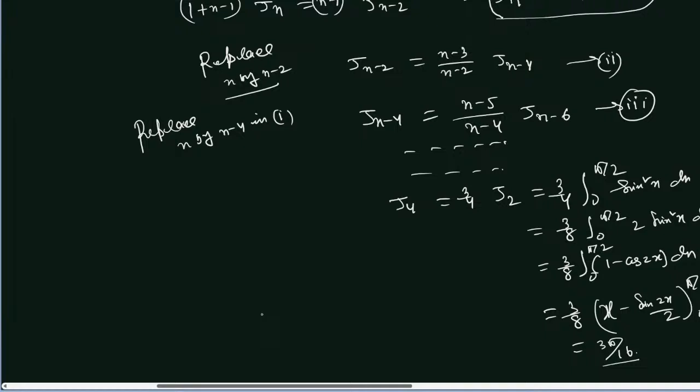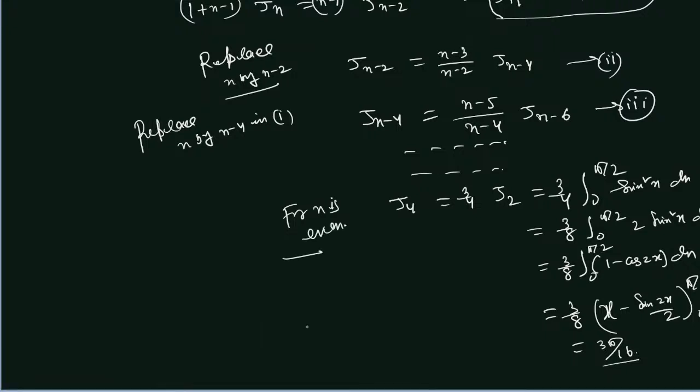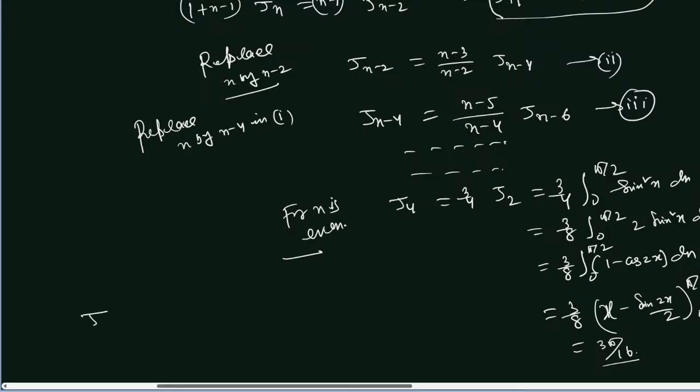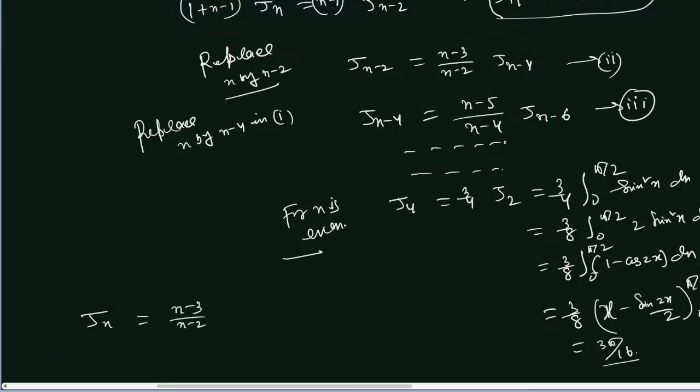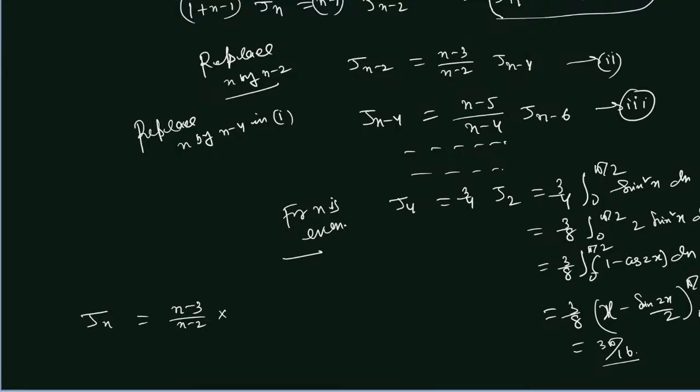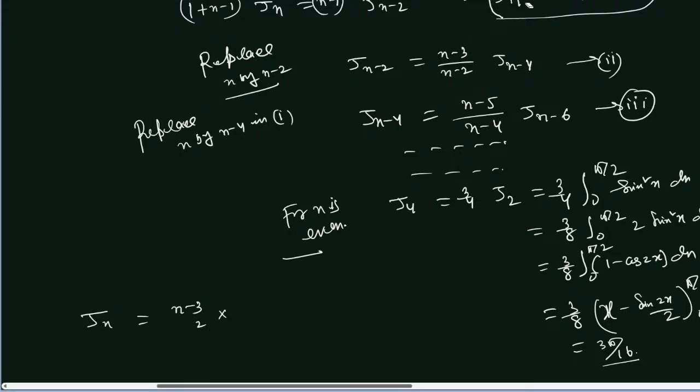If n is odd, then where does it stop? For n even we have done it. If you want to use the recurrence relation, let me write it here. Jn is what? n minus 3 by n minus 2, Jn minus 4. Sorry, Jn minus 2. Wait a minute.